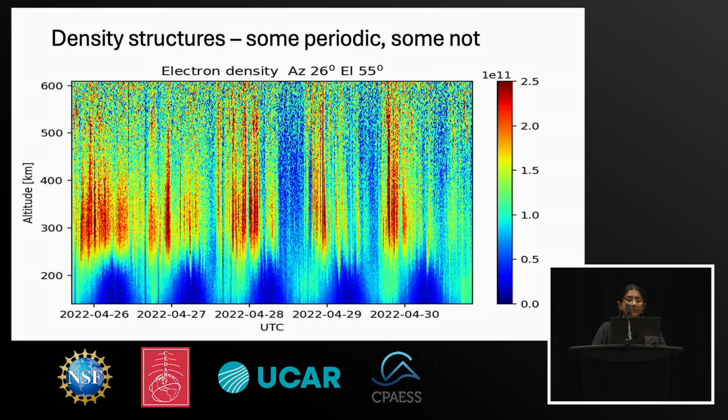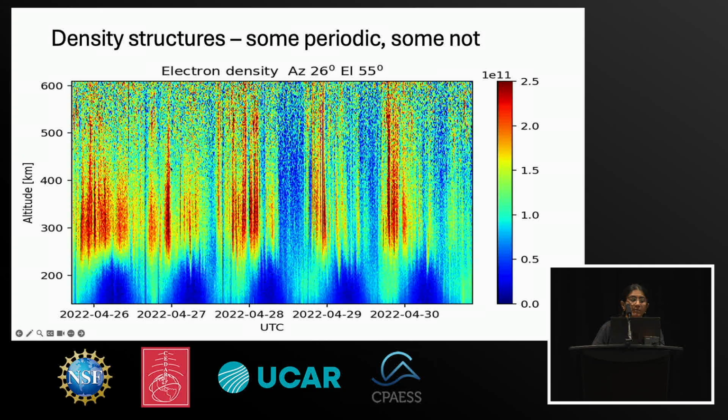Similarly, when we look at 2022, another summer-ish time, because in Resolute Bay, April is not really summer, but for our purposes, this is another long run where each day looks slightly different from the previous day.